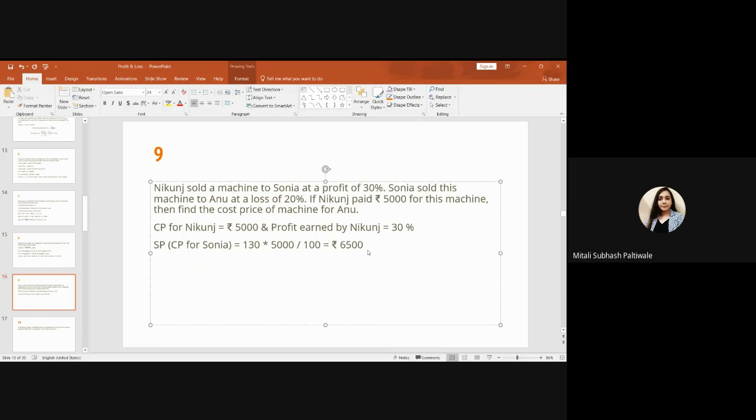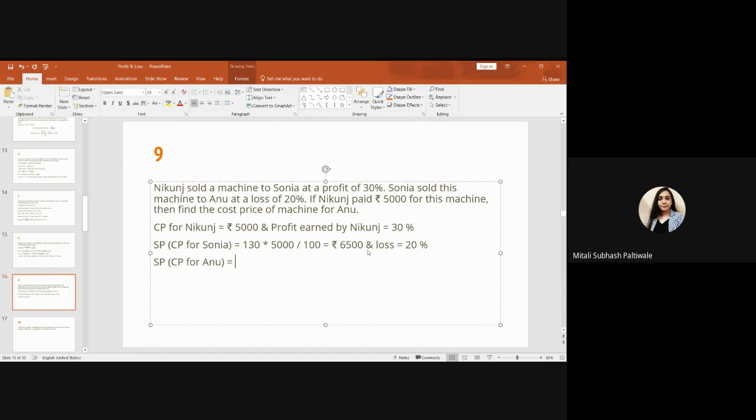Now the next thing is, whichever is the cost price for Sonia, she has incurred some loss which is of 20%. Now what we are supposed to do? Selling price would be CP for Anu, because she has bought it.